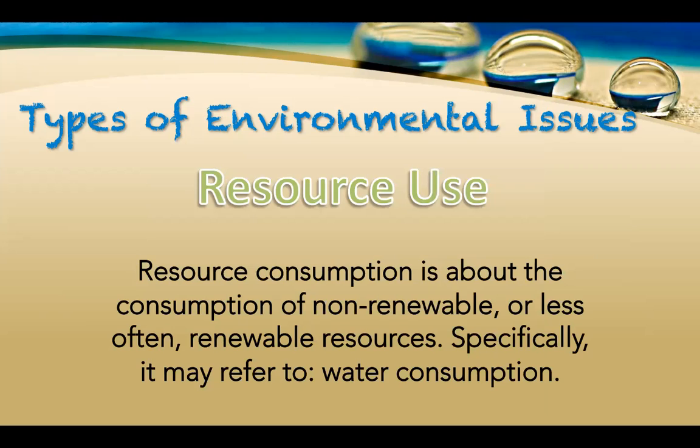However, people do not use resources in the same way. In some areas of the world, people use a wide variety of resources, while in other areas, people have little or no access to certain natural resources. Resource consumption is about the consumption of non-renewable or, less often, renewable resources. Especially, it may refer to water consumption.